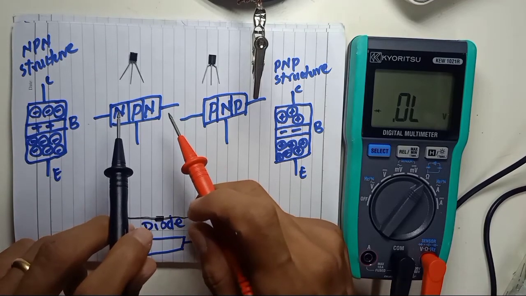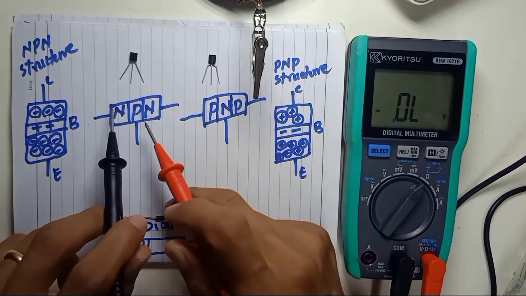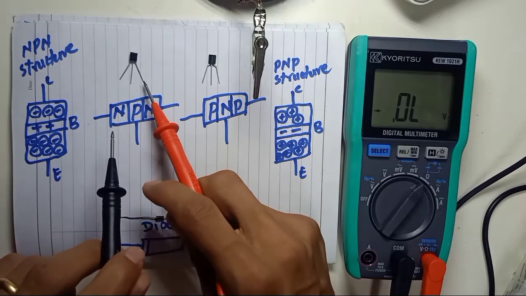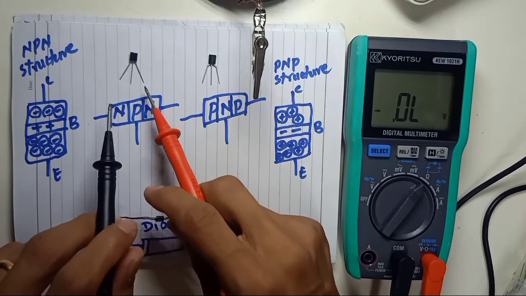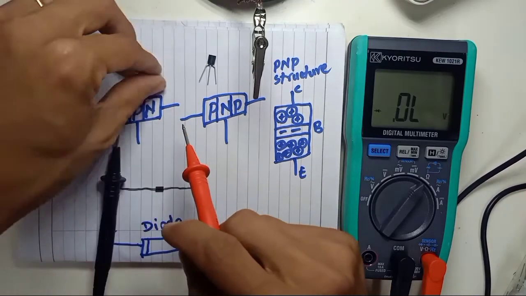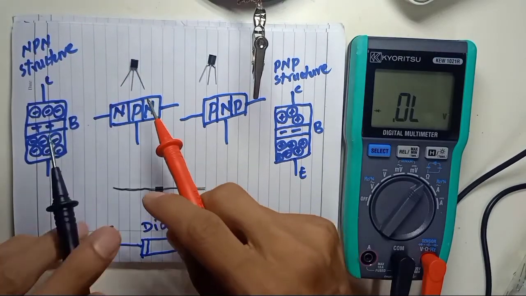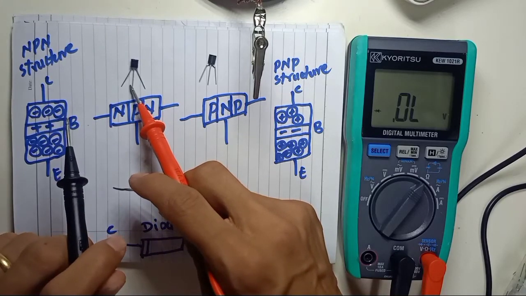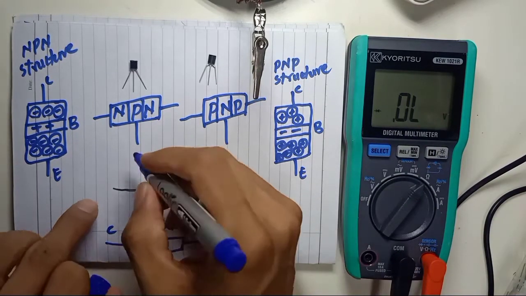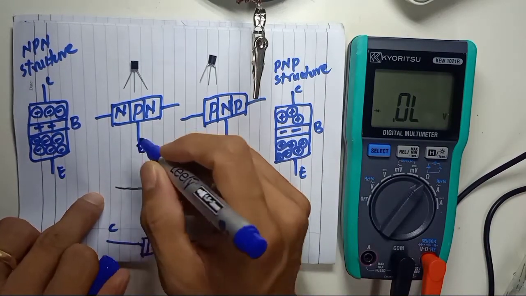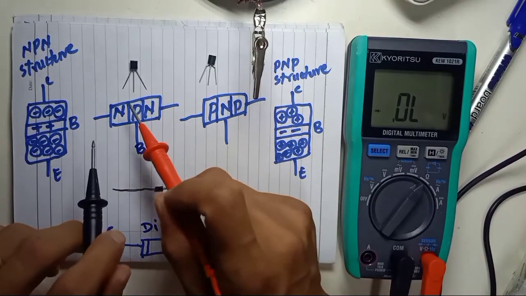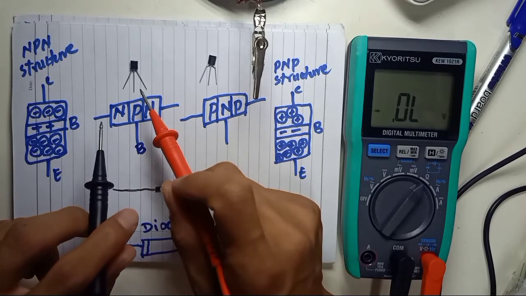We already know this transistor is NPN, and we want to identify which pin is collector and which is emitter. We already know the middle pin is base. So we mark this is base, and which side is emitter, which side is collector.